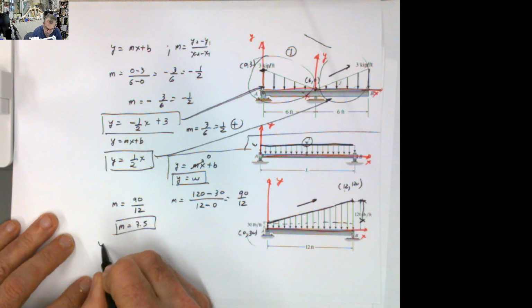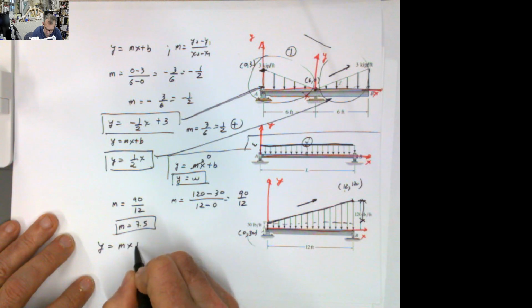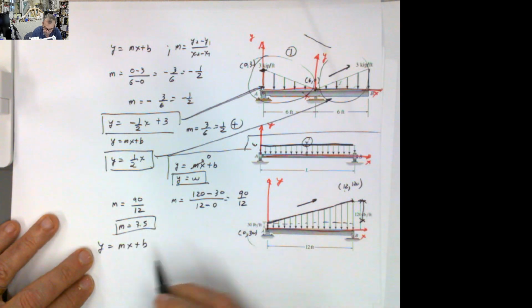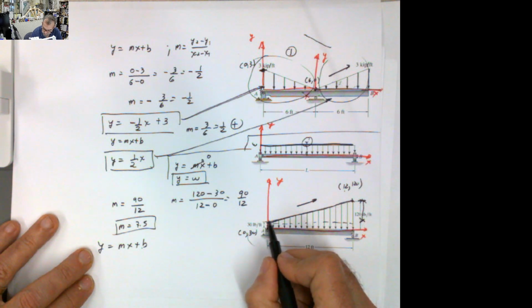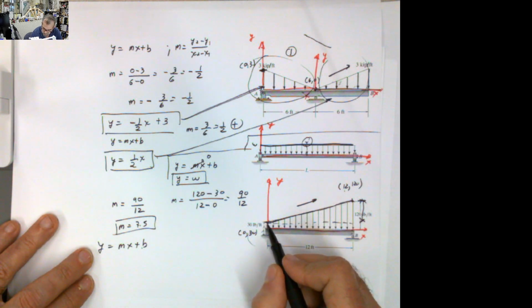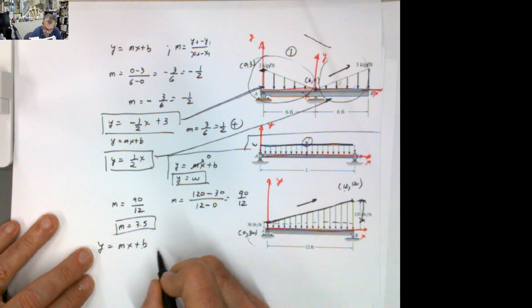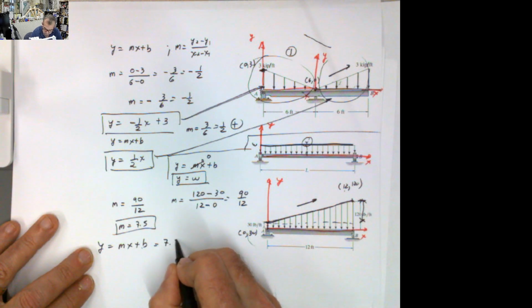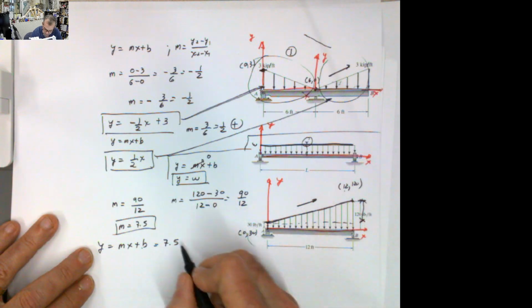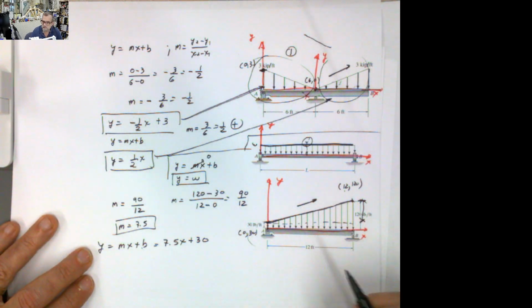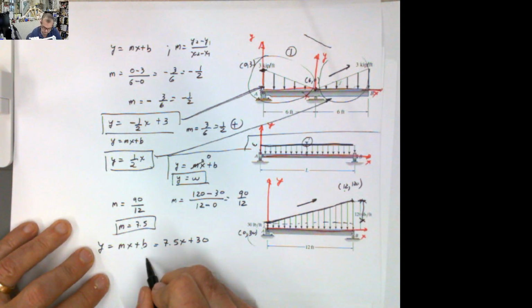But the equation, once again, is mx plus b. B is the y-intercept, the point where the line intersects the y-axis. In this case, 30. So it will be 7.5 times x plus 30. The good thing about this is that you can test it really quickly.